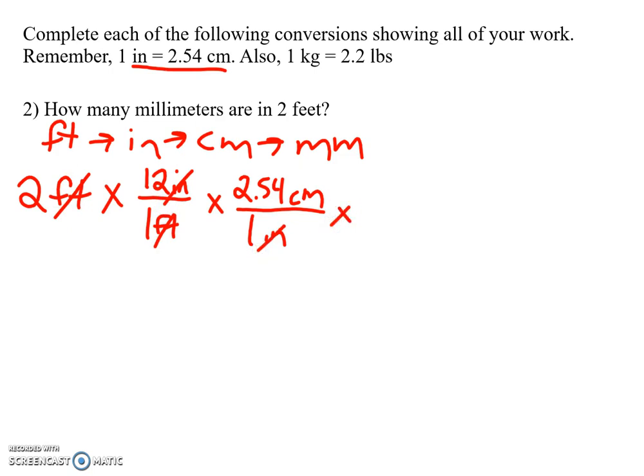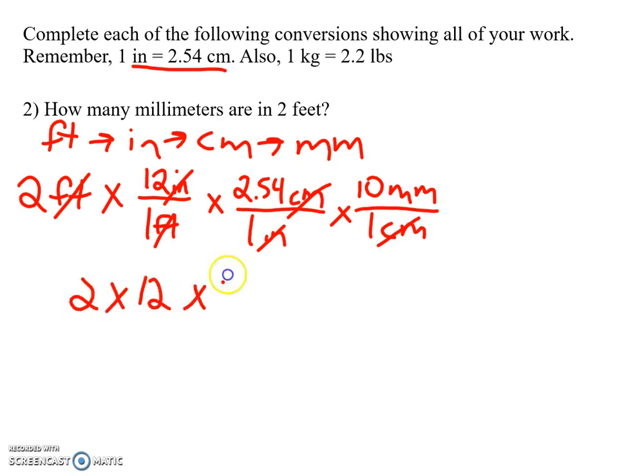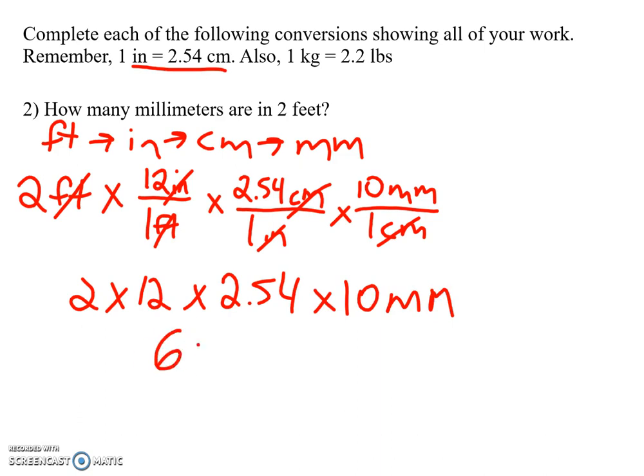And then I know that there are 10 millimeters for 1 centimeter. So there my centimeters cancel, leaving me with only 1 unit of millimeters. So if I go through here, I have 2 times 12 times 2.5400 times 10 millimeters. And if I multiply that all together, I have 609 6/10 millimeters.